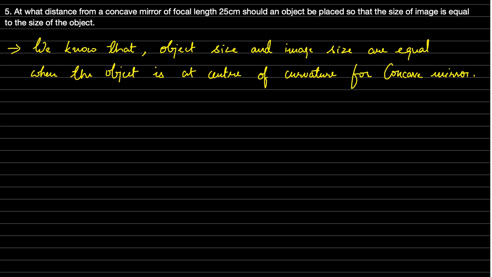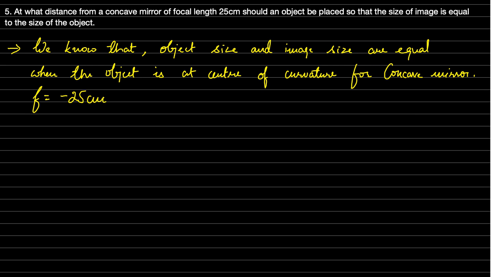So if we write the statement, after that what we have to do is find the distance of the center of curvature. That means I need to find the radius of curvature. So f is given as minus 25 centimeters. Since it is concave, we consider it to be minus 25.